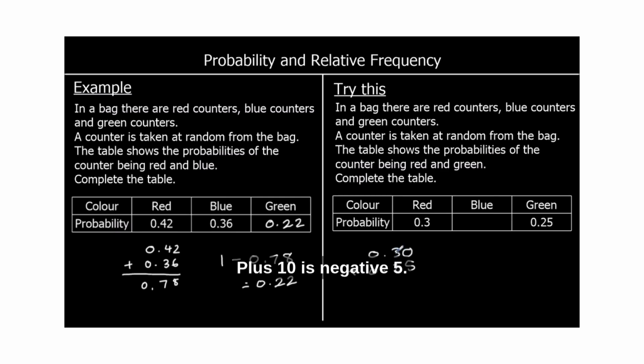We've got 3 tenths and no hundredths. If we add these together, we've got 0.55 so far, or 55%. How many more do we need? What more do we need to get to 1 whole? What do we have to add on to 0.55 to make a whole? That's 0.45.